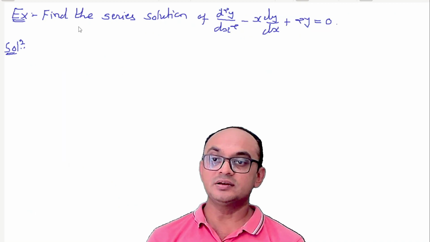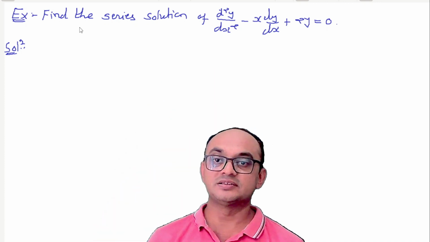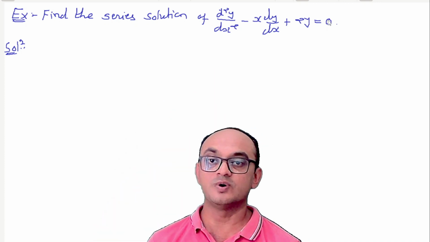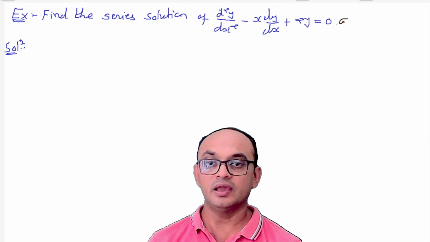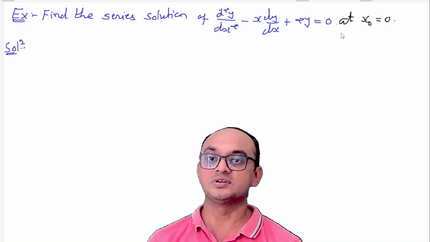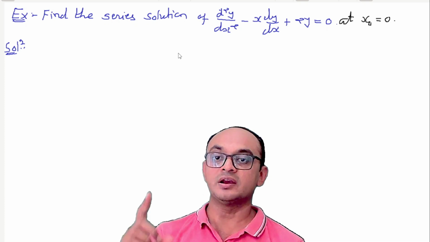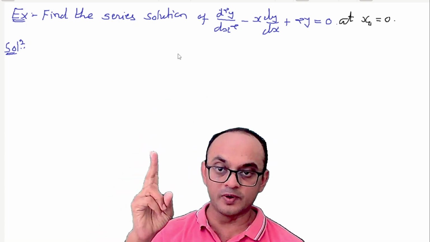What is the exercise here? Find the series solution of d2y by dx square minus x dy by dx plus 2y equal to 0 at x0 equal to 0. As we discussed, we divide the solution into two parts.